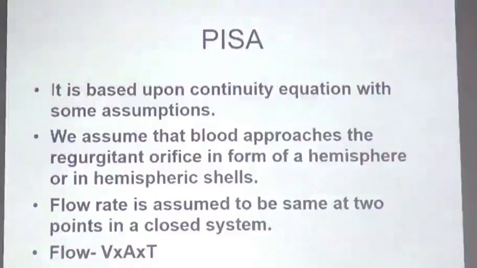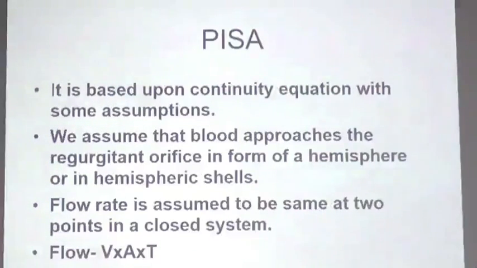How does a hemispheric shell look like? Somewhat like a parachute, although parachute is not that spherical. Assume in your mind that three-dimensionally you are having something like a parachute, the upper end of the parachute.